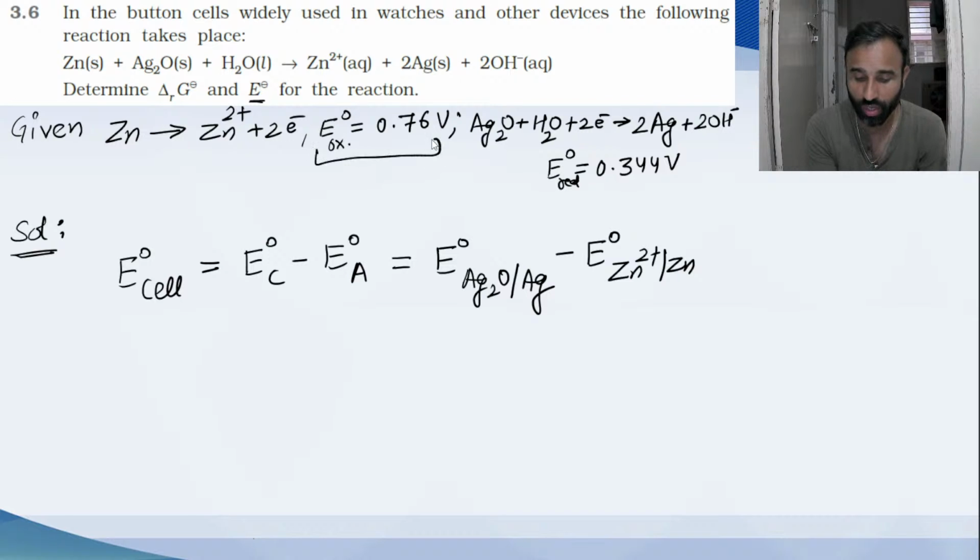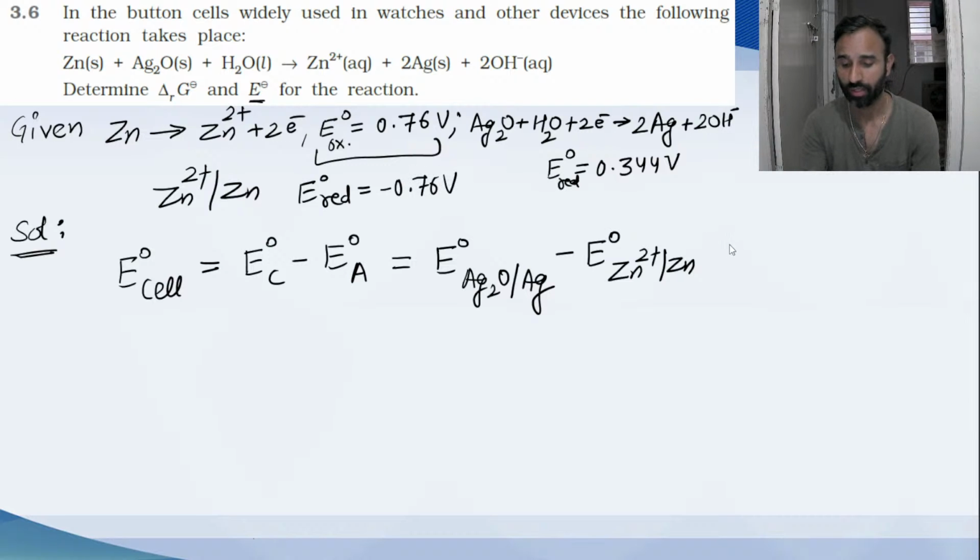These are the reduction potential values. See, E naught oxidation is this one. So what is E naught reduction? That is this cell, Zn2+ to Zn. So the value is minus 0.76 volt. Just put the values: 0.344 minus (minus 0.76).